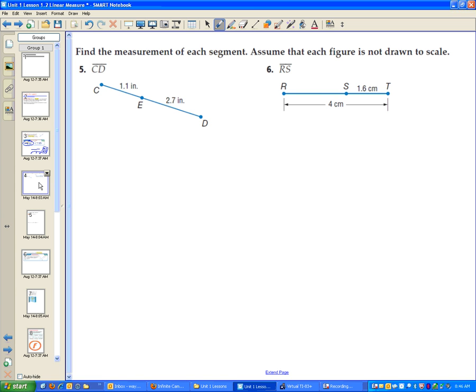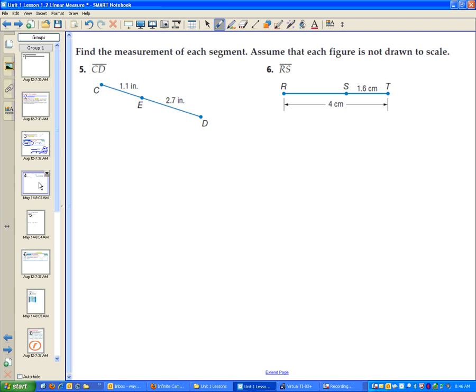Assume that each figure is not drawn to scale. So in this book, and in fact in any book I'm familiar with, the figures are not to scale. Okay? So when that says 1.1 inches, it's probably not really 1.1 inches. If it is, it's just coincidence.